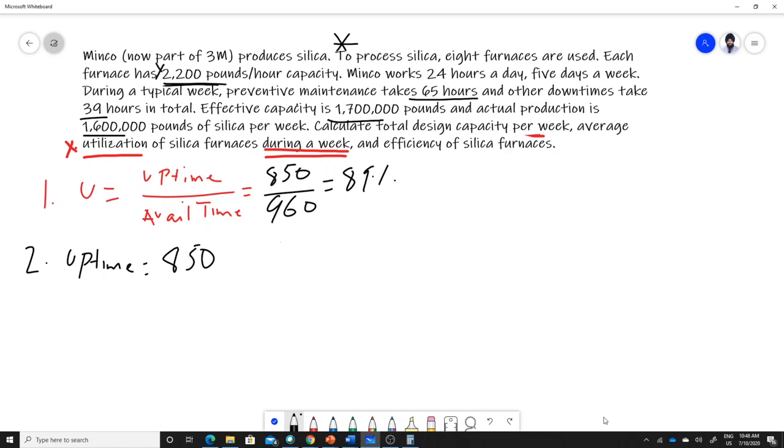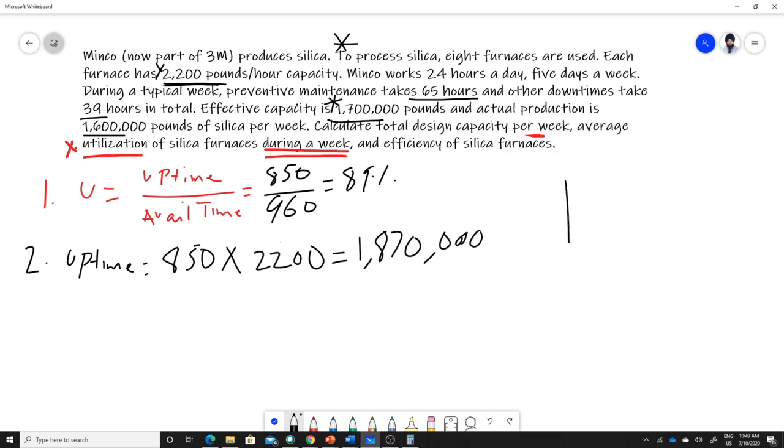So if I multiply the uptime by 2200 pounds per hour, I'm going to get effective capacity based on this uptime of around 1.8 million. However, you're given the effective capacity of 1.7. So why is there a discrepancy?